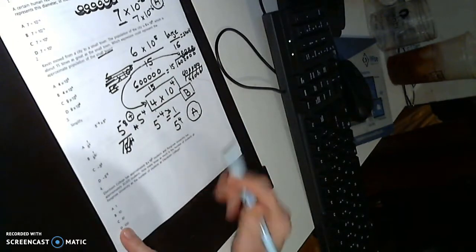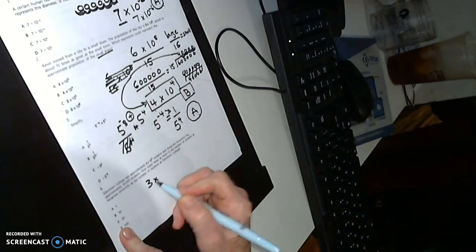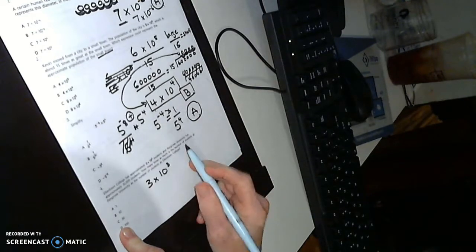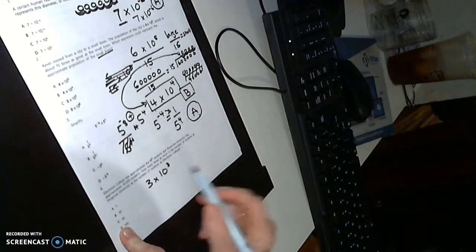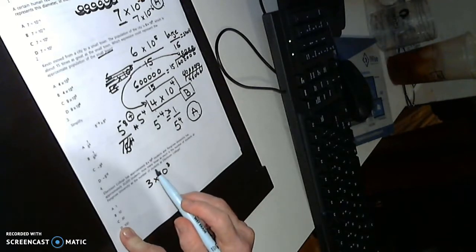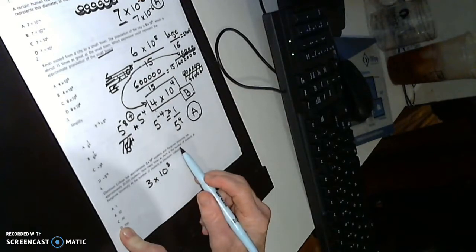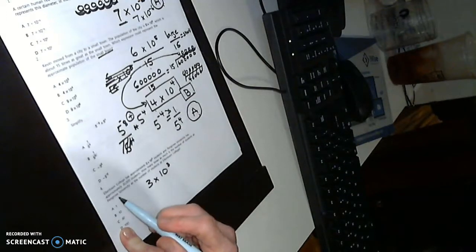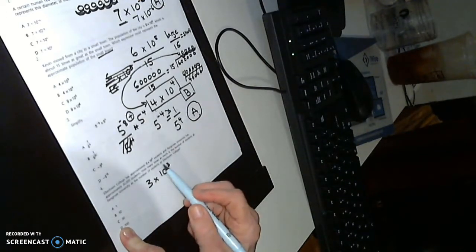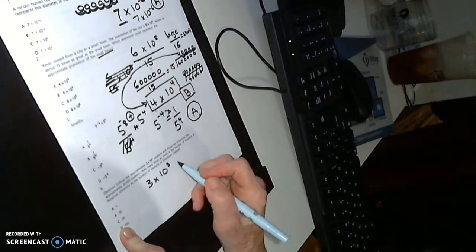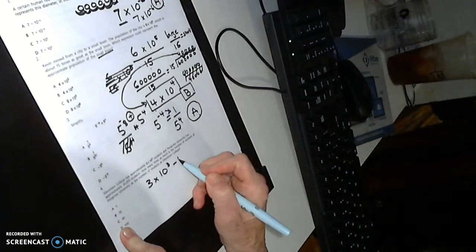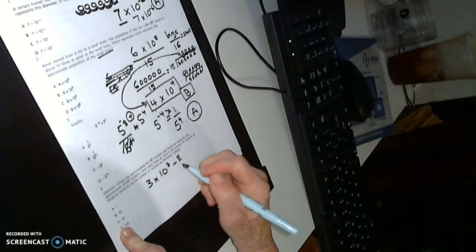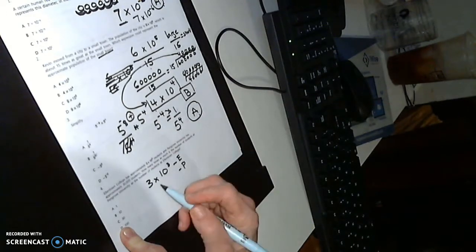Allentown College has approximately 3 times 10 to the 3rd students, while Pengrove has approximately 30,000 students. How many times as much is the number of students at Pengrove, that's the smaller one, as there are in Allentown? So let's make sure we know which one we're talking about. This is Allentown, and Pengrove is 30,000.